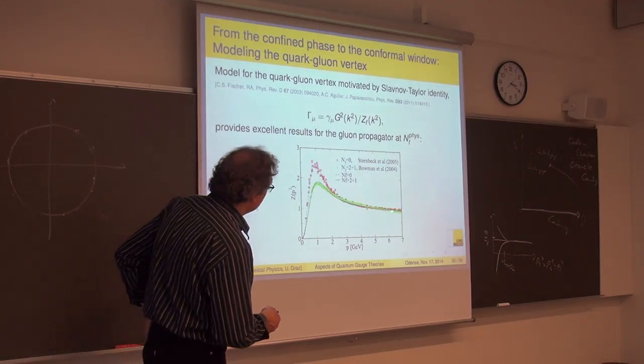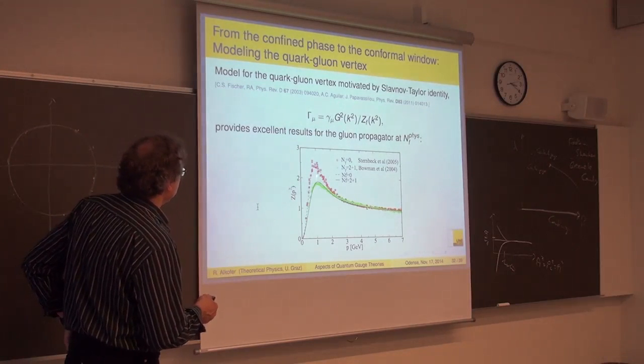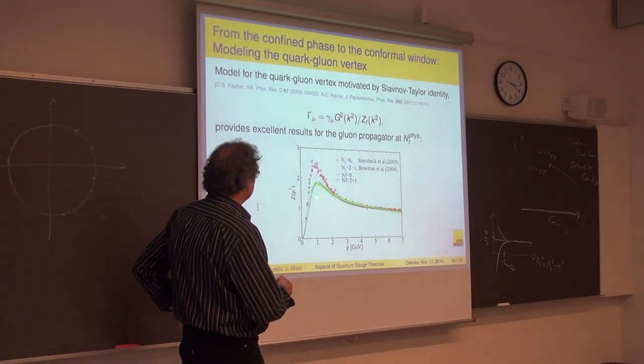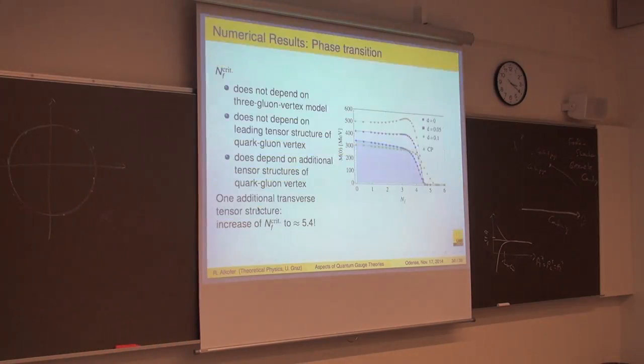Patrick has here some slight problem with the renormalization, as you see, but except for this, the reaction of the system, if you use this vertex, is astonishingly good. So this was another motivation to choose this.